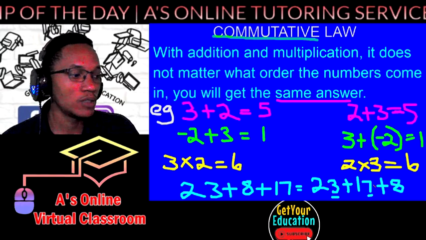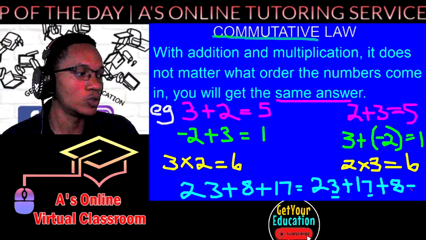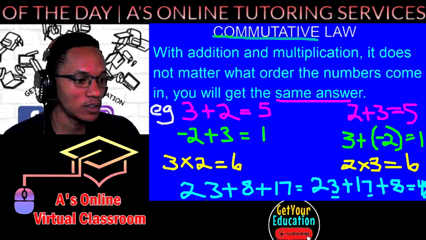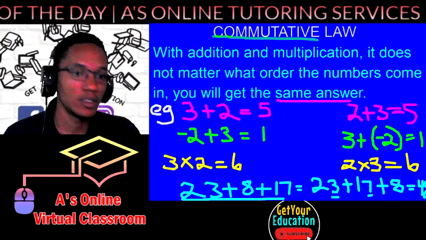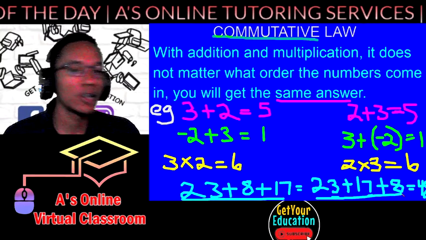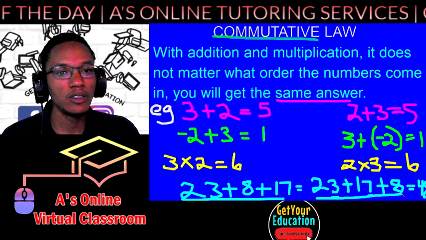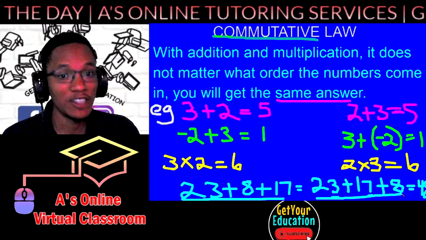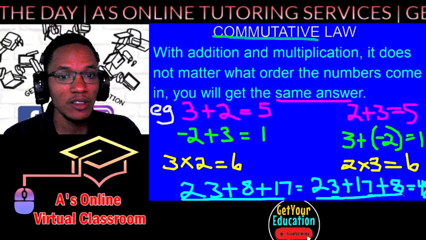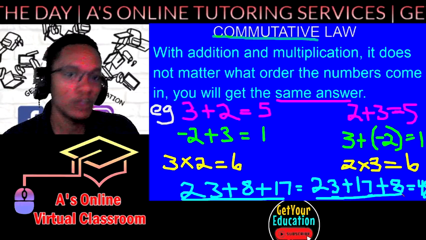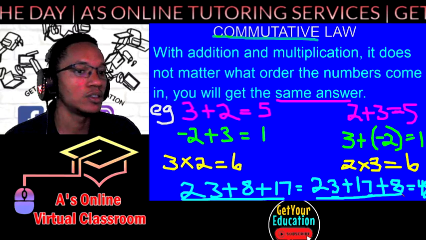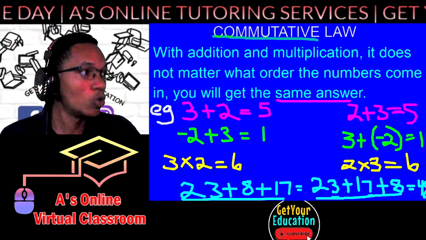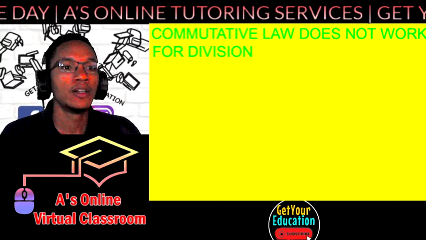So 23 plus 17 will give us 40, plus 8 will give us 48. Some people might find it easier to add like this. I find it easier to add like this. So the more you practice your mathematics, you'll be able to determine what works for you, what is your preference in addition and multiplication. Certain numbers you'll be able to recognize quickly and be able to just apply the laws without thinking twice.